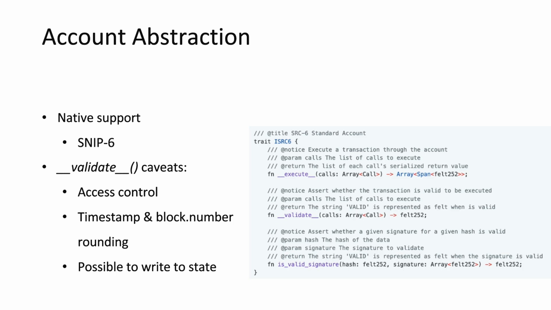You should make sure that validate can only be called by address 0, which is the address of the sequencer. And the timestamps and the block numbers are rounded. The timestamp is rounded to the hour and the block number to the lowest multiple of 100.